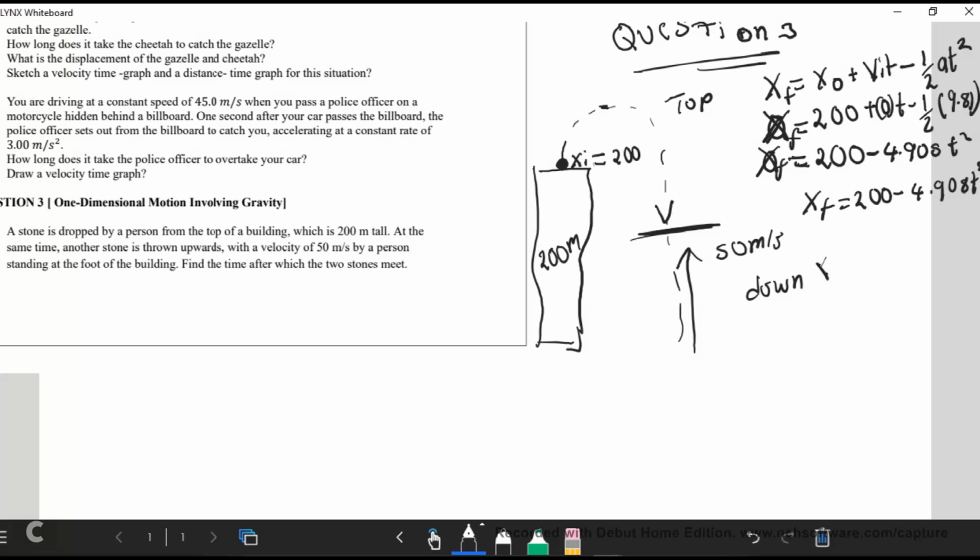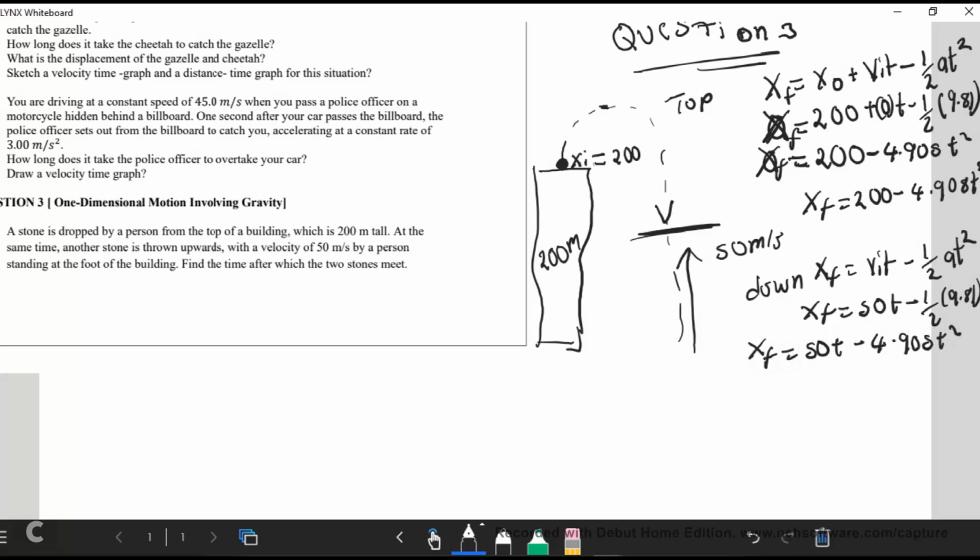Just use the same equation. So the final displacement is equal to 50t minus 1/2 times 9.81 times t squared, so x final is equal to 50t minus 4.905 t squared.